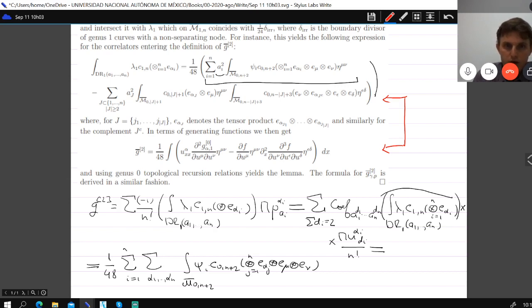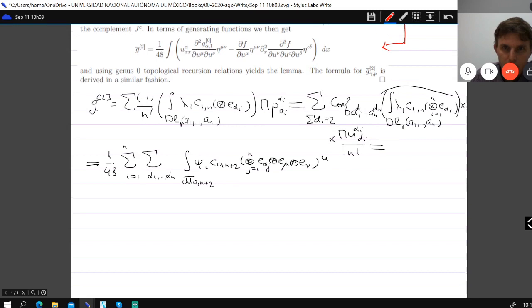Then here we write the product u alpha I. Strictly speaking, what we should write is u alpha I squared times the product over j not equal to I of u alpha j, over n factorial.